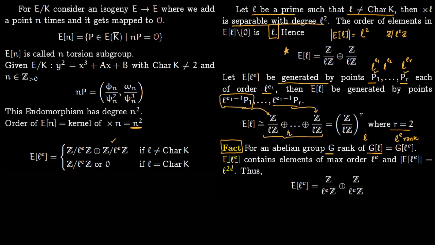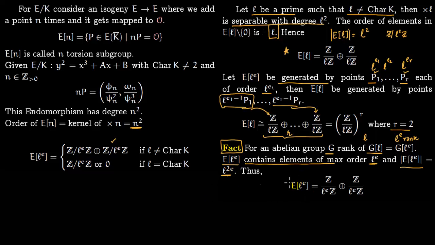Now coming to this E[L^e], that is, you're adding the point to itself L to the power of e times. So this contains elements of maximum order L^e, and the order of this group is L^2e.